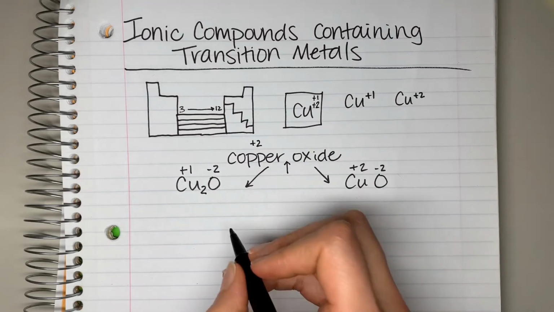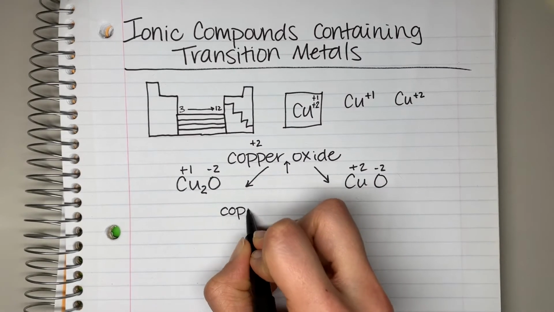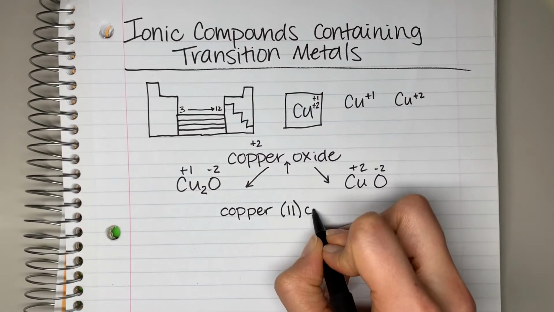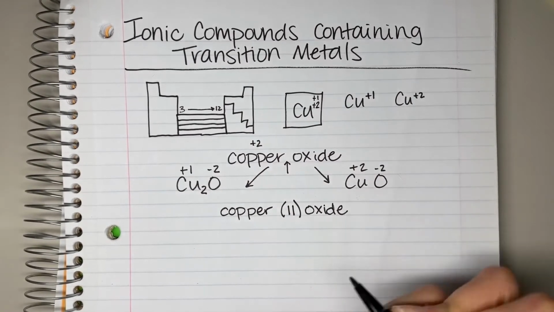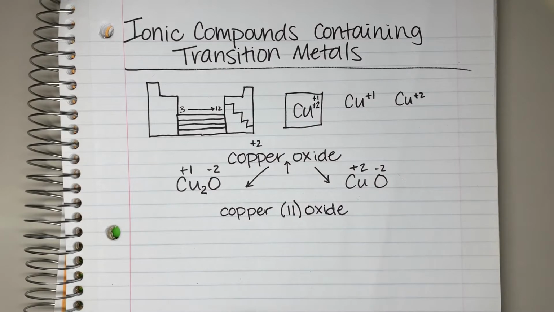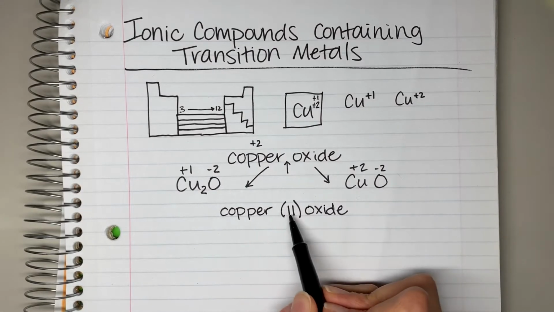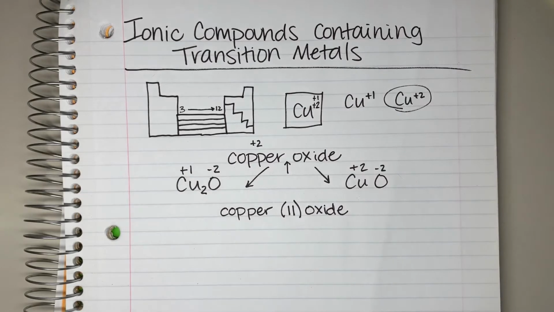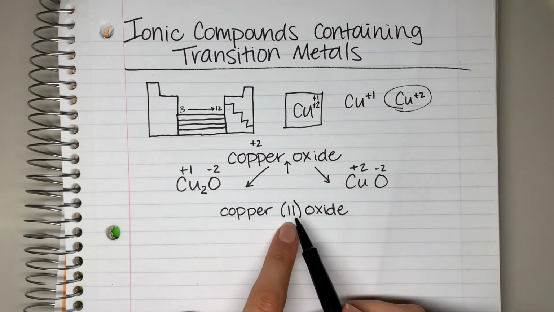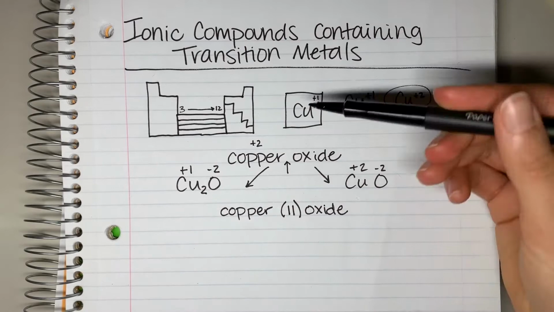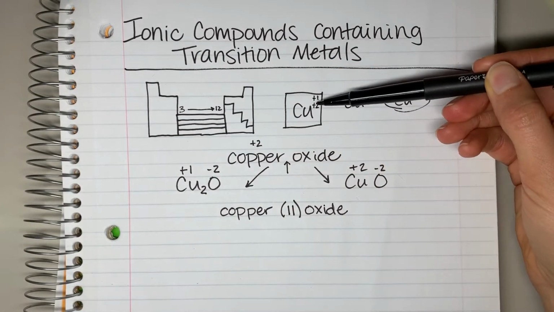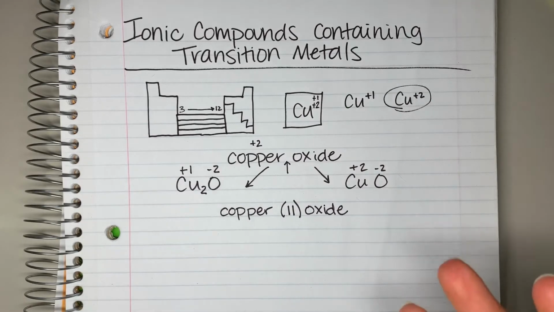The way that you would properly write that would be copper 2 oxide. So this is telling the reader, instead of having to guess, that this copper is the +2 form. So it's really important that we are able to state that, because if you look at a lot of these transition metals, they can have multiple charges, and leaving it up to someone to guess is dangerous.